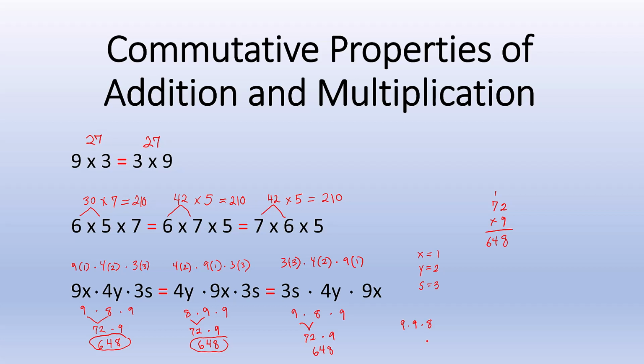Would I get the same answer? Well, let's check it out. 9 times 9 gives me 81. And 81 times 8, let's go ahead and do that on the side. 8 times 1 is 8. 8 times 8 is 64. Yeah, check it out. We would get exactly the same thing. 648.